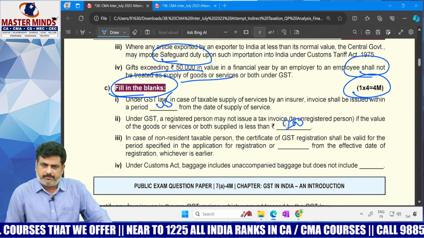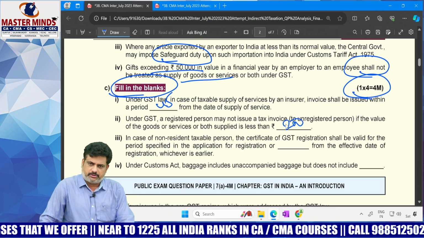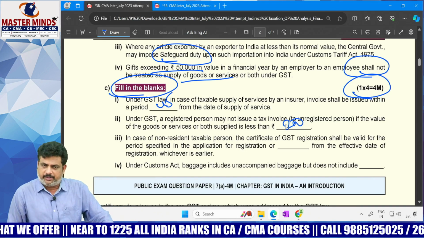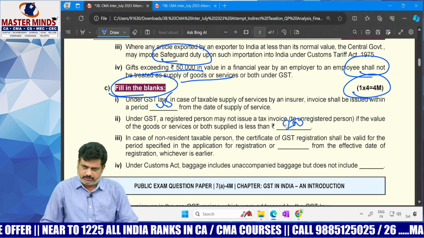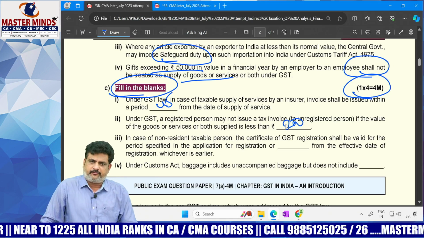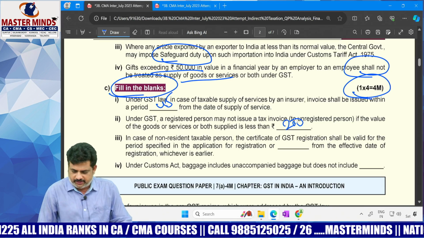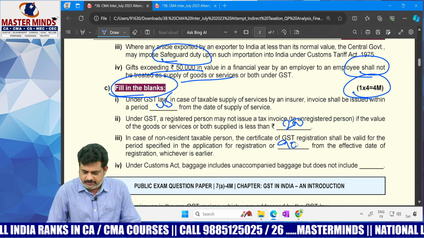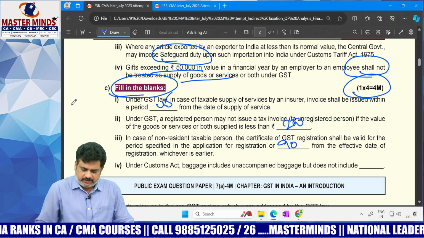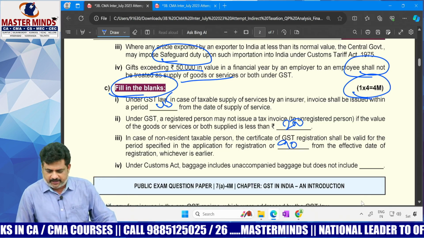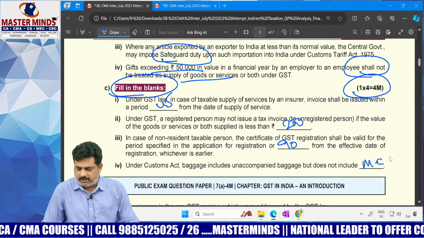In case of NRTP, the certificate of GST registration shall be valid for the period specified in the application for registration or 90 days from the effective date of registration, whichever is earlier. So that is 90 days. Under Customs Act, baggage includes unaccompanied baggage but does not include motor car.